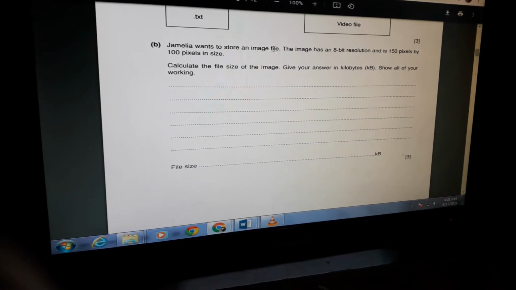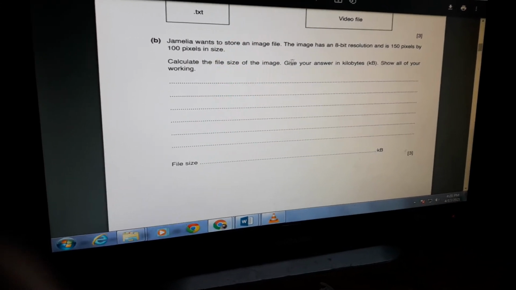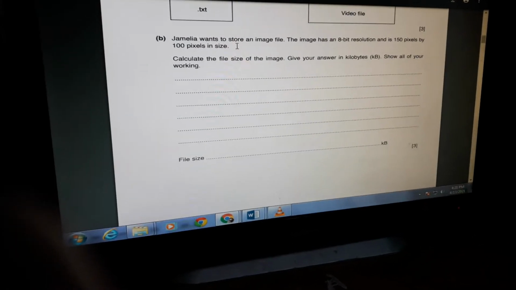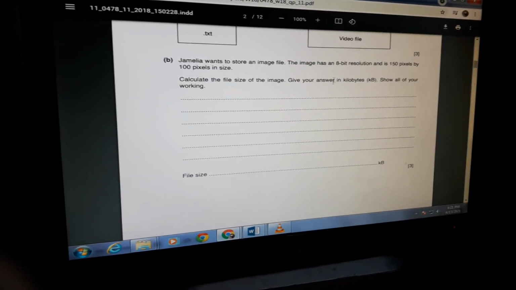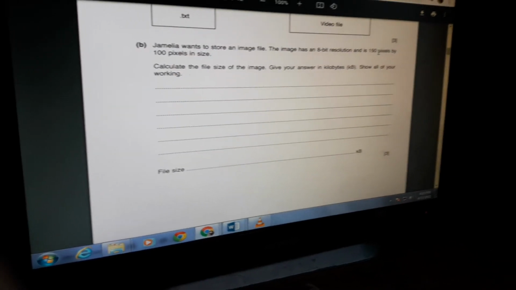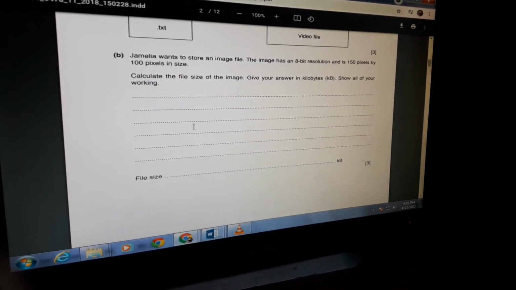Jamila wants to store an image file. The image has an 8-bit resolution and is 150 pixels by 100 pixels in size. So here we need to make calculations of 150, this is one dimension of the picture, and 100, that is the second dimension.